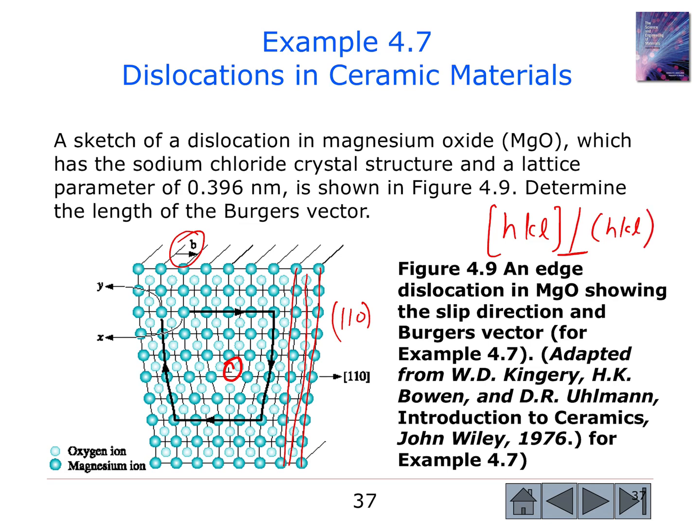Now if you put a shearing force in this direction, what will happen? If this is a negative charge and this is a positive charge, so what will happen? This is going to move here, right? Clear?